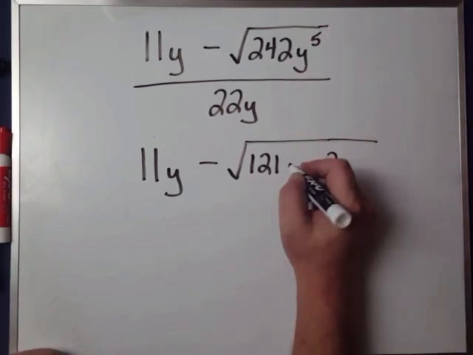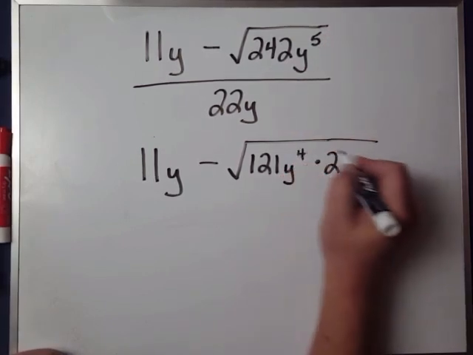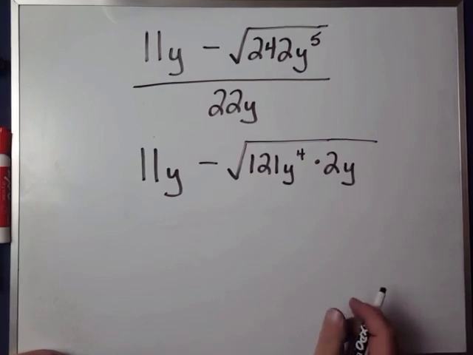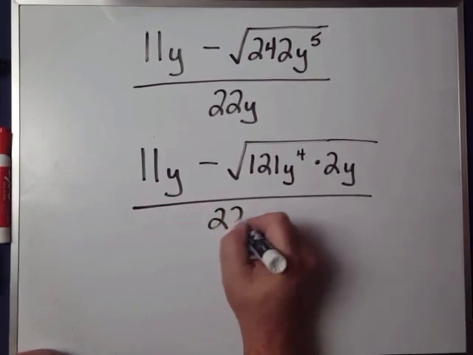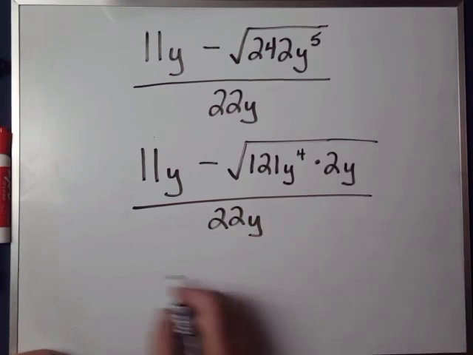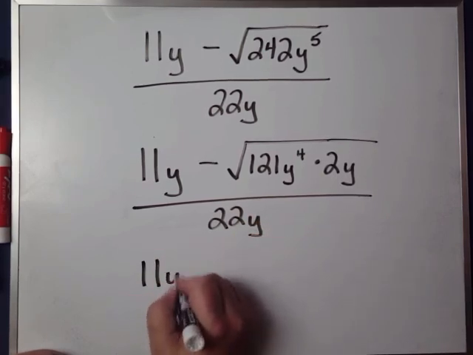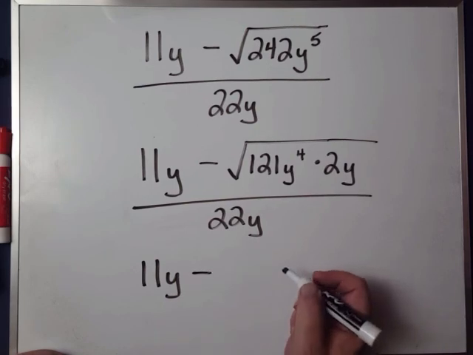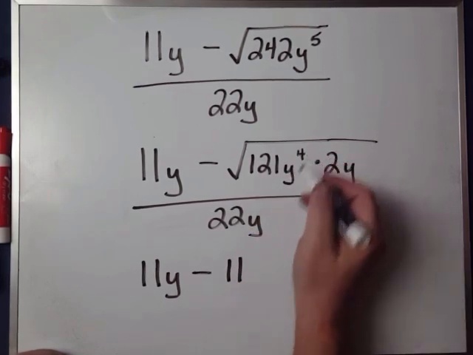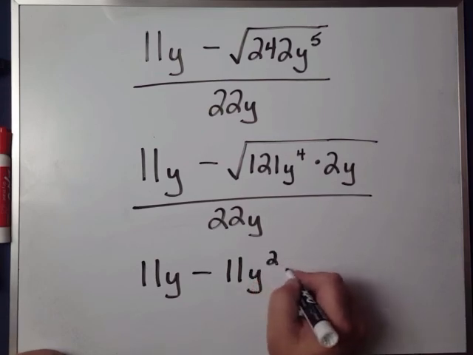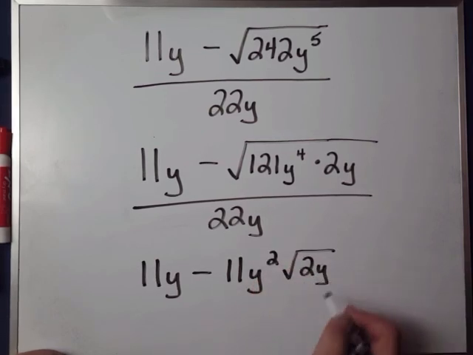Y to the 5th contains y to the 4th, along with one other factor of y. So, simplifying the second term of the numerator, square root of 121 is 11. Square root of y to the 4th is y squared, leaving the 2y inside.